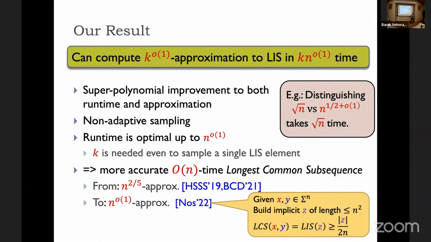There is no similar kind of hardness for approximation under that or any other plausible conjecture, so we don't really know what to expect in linear time. Now this is not a sublinear time regime, so even if your LCS is of length 10, just a constant, linear time is necessary.